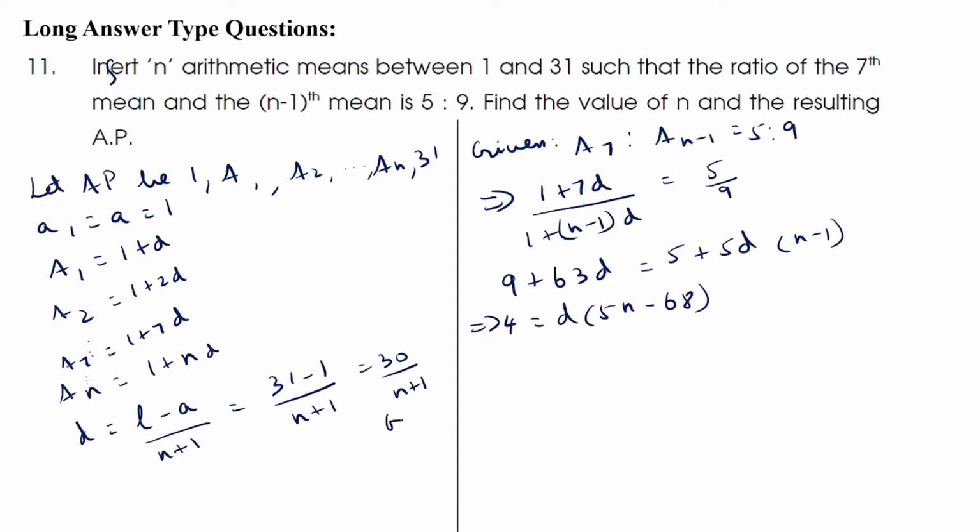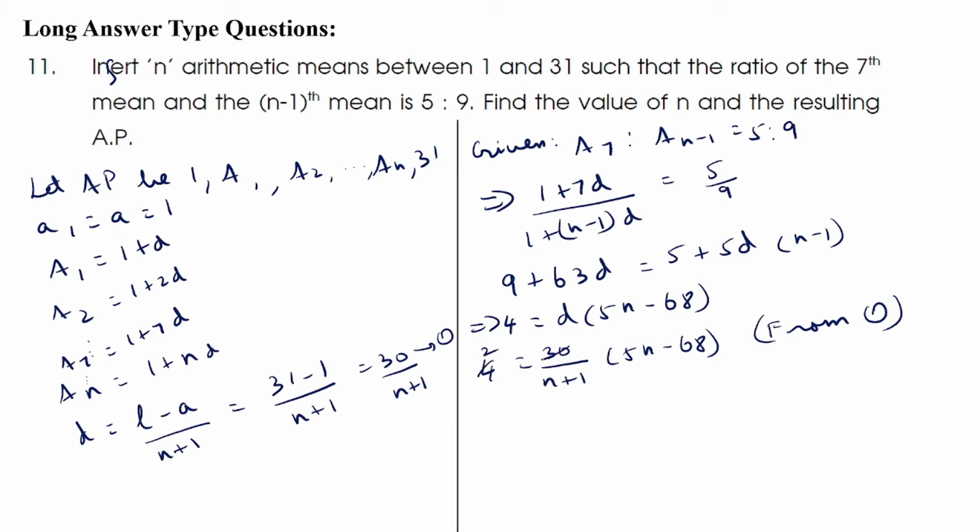Now here we have got d as 30 by n plus 1. Let us mark this as 1. So if we substitute here, 4 is equal to 30 by (n plus 1) into (5n minus 68). This is from 1.